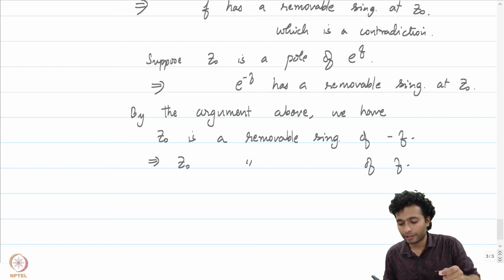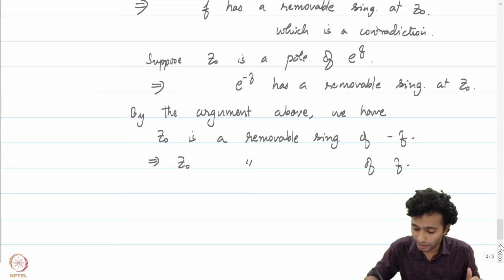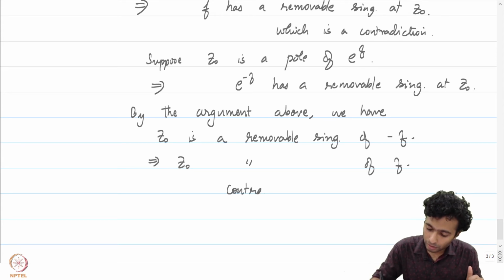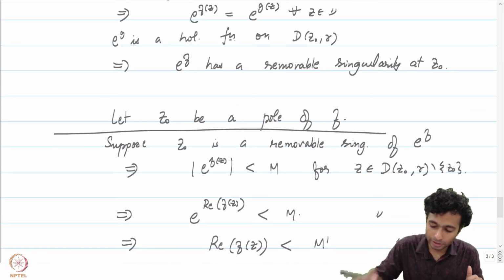But that's going to be a contradiction to the assumption that z0 is a pole, right?